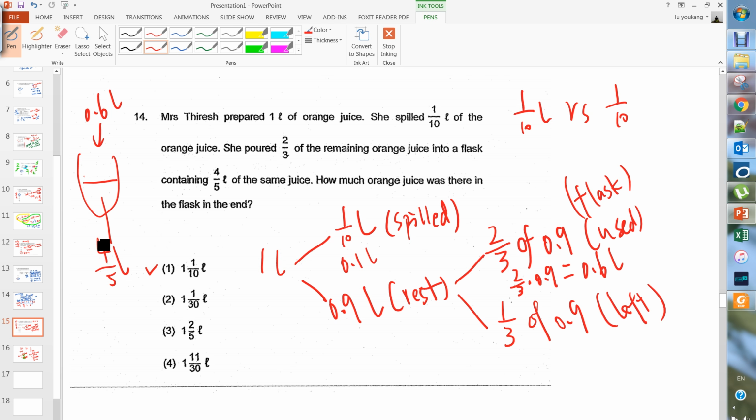So now what they ask: how much orange juice was there in the flask? So how much is there in the flask now? What operation do you do? You have 4/5 liter, you add to it, so what operation do you use? You put it together. Together means minus?